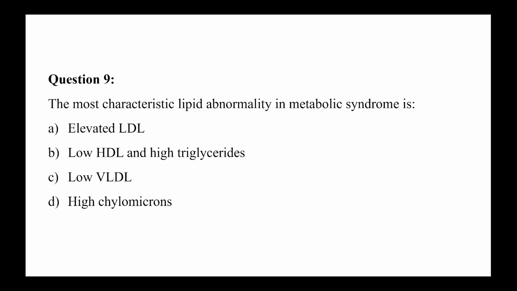Moving on to the next question. Most characteristic lipid abnormality in metabolic syndrome is option A, elevated LDL, option B, low HDL and high triglycerides, option C, low VLDL, and option D, high chylomicrons.